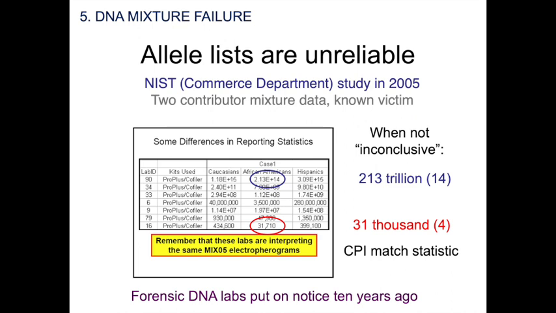Of the 30 or so labs that gave a number, their number ranged from tens of thousands, that's 4 zeros after the 1, to hundreds of trillions, that's a 1 followed by 14 zeros. So clearly, this method wasn't working. It was considered inconclusive by most labs, and the match statistics were all wrong, actually.